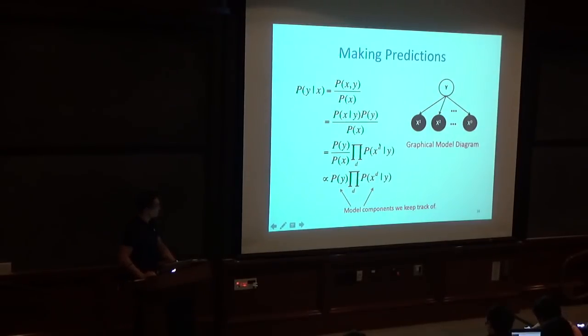Since this P of x in the denominator is fixed, it doesn't change as I vary y, I can simply say that P of y given x is proportional to P of y times the product over all d of P of x d given y. If y is binary, then I can recapture this probability by taking this quantity and dividing it over this quantity summed over all possible y.